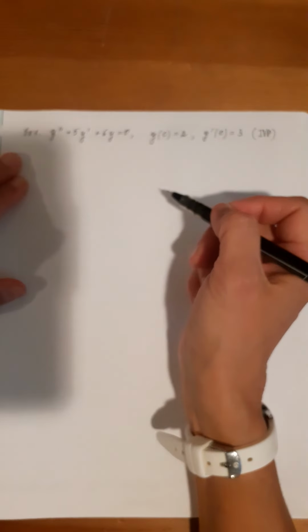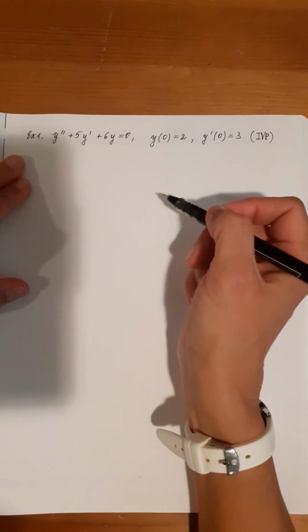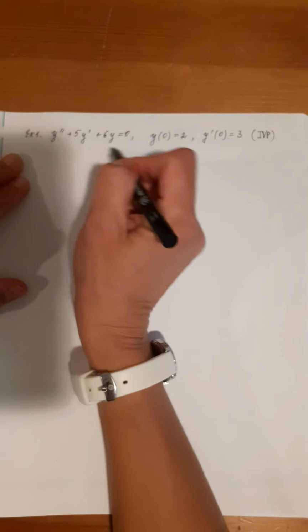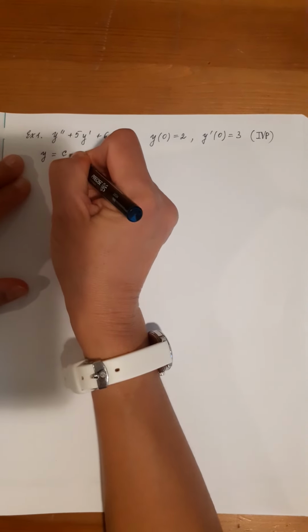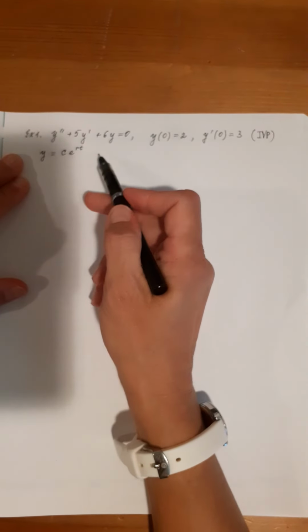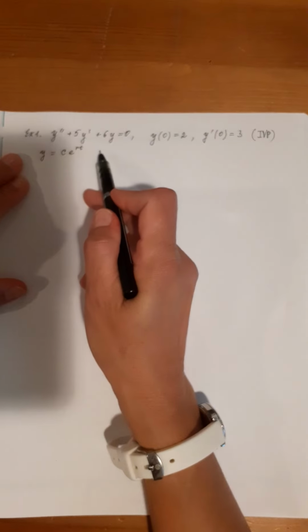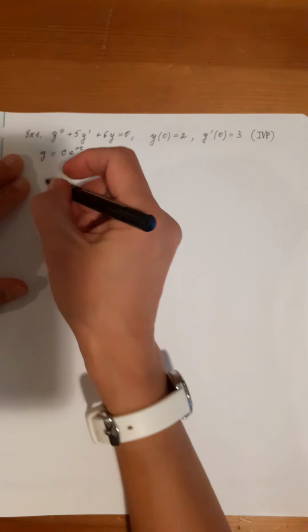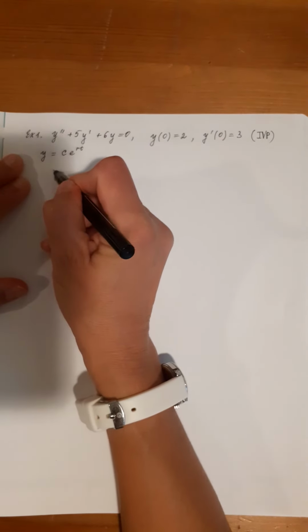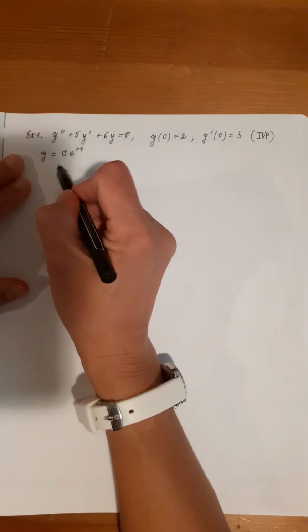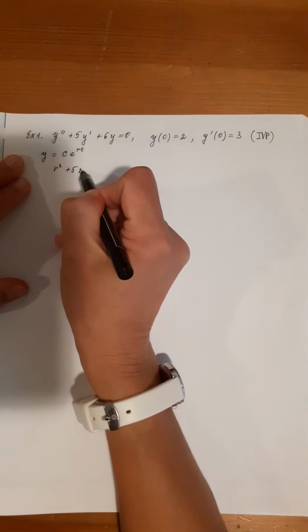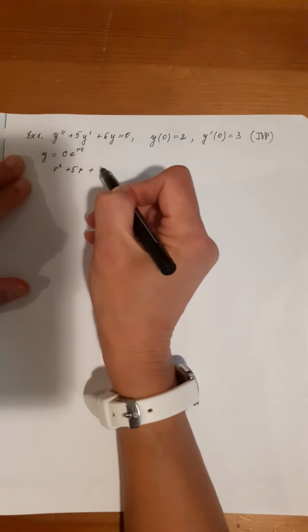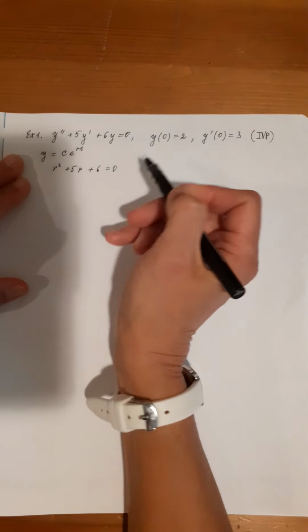Well, let's try to solve it. First we are going to write down that we are searching for a solution as e to the power of rt multiplied by a constant. Because I already did the differentiation, I know what is going to come out, and my equation is going to be like this: instead of the second derivative, I put r squared, instead of the first derivative, I put r, and instead of the function, I put nothing, to get my quadratic equation.